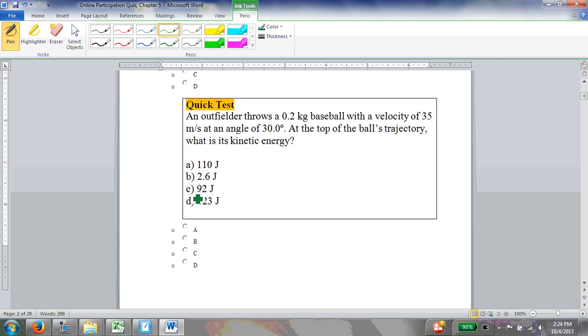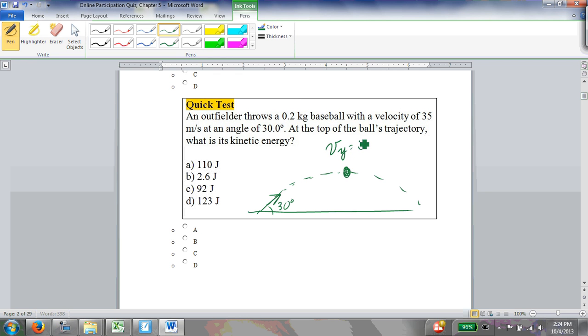An outfielder throws a 0.2 kilogram baseball with a velocity of 35 meters per second. It follows a projectile path. The angle is 30 degrees. I want to know what is the kinetic energy at the top. Now I know that the velocity in the y direction at the top is 0, and the velocity in the x direction is going to be v naught cosine theta. All right, so I need to find out what this velocity is.